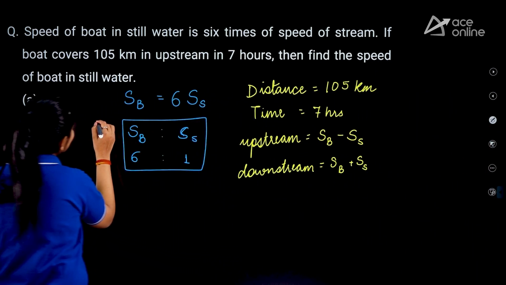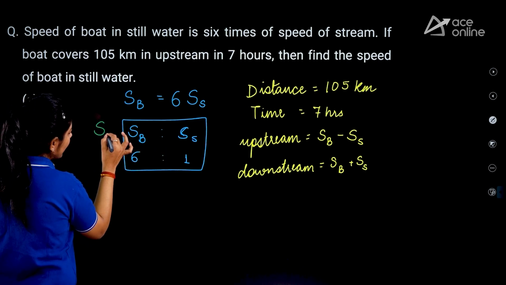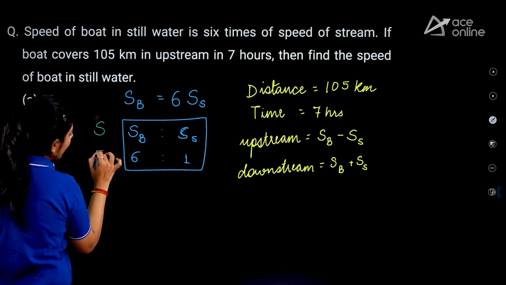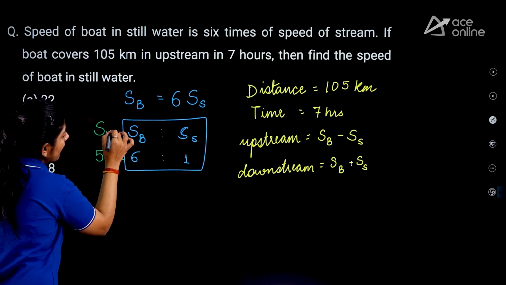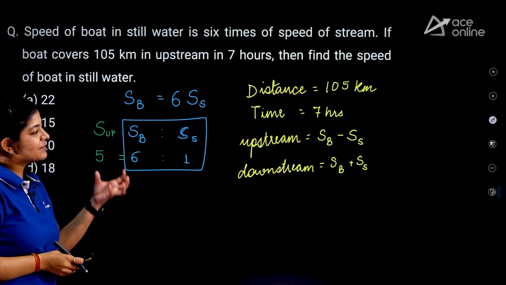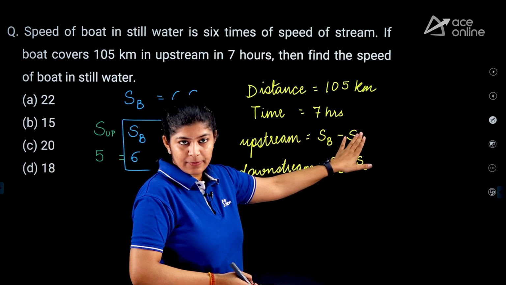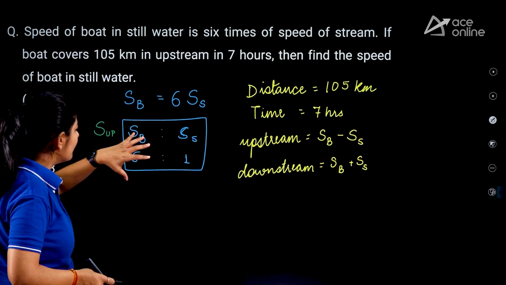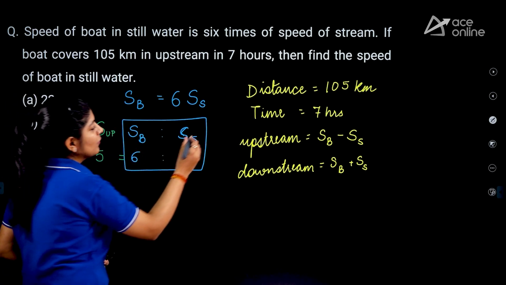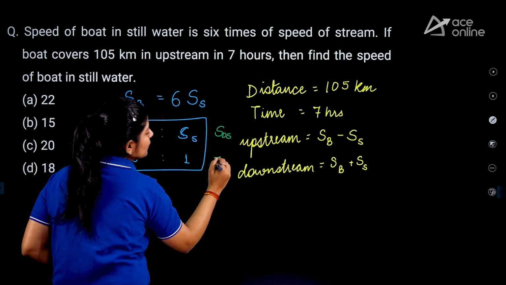Now we know that if I have to find out this combined speed with respect to this ratio, it should be on the multiple of 5. It should be on the multiple of 5. Why I am writing this? Because I know that in upstream I have to subtract the speeds, while in the downstream I have to add the speeds. So if I have to write down the combined speed for downstream, it should be equal to 7.